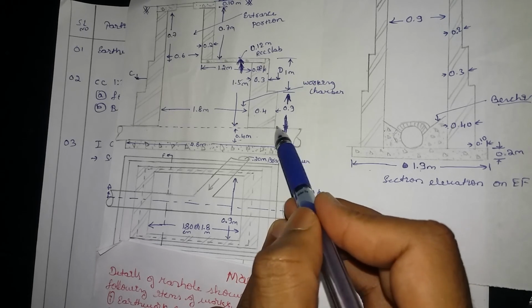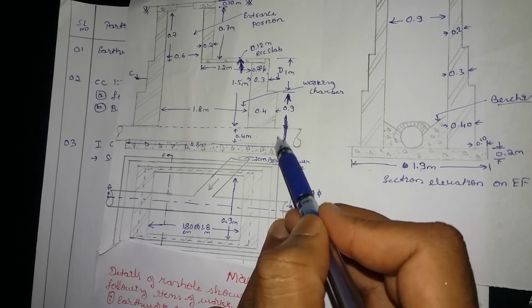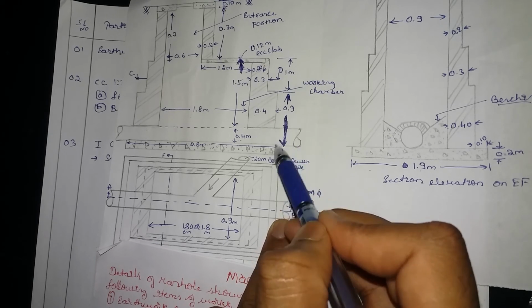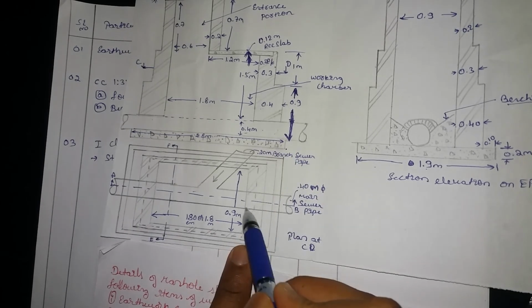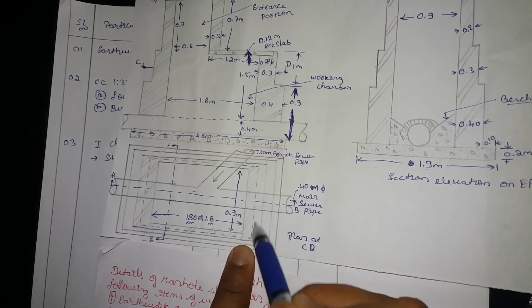See, but in the section you can see the pipe is there, no? You can ask the question, in between there is a pipe, how can you consider it brickwork? See, in the plan the pipe comes only at this part. The remaining part, there you need to go for brickwork, right?